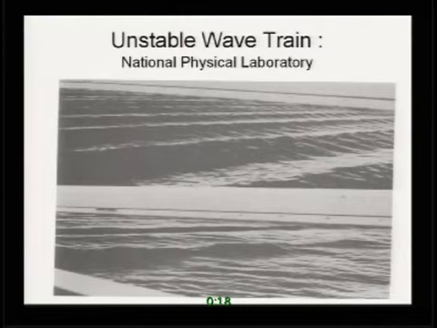When they were arguing, a professor at Cambridge, Brooke Benjamin, started to study waves. He said, let's study the Stokes wave and see whether it is stable or not. He and his colleague Feir derived the wave instability.